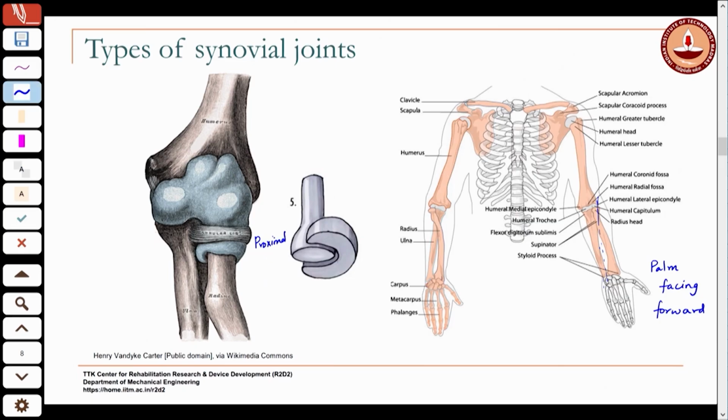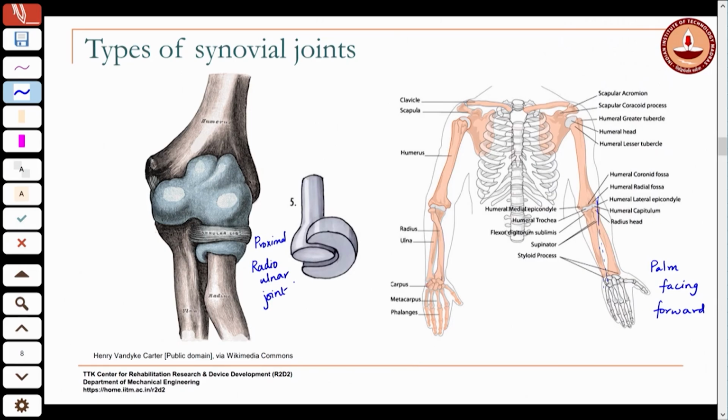That is the proximal radio-ulnar joint between the radius and the ulna, and it has this thick annular ligament about which the radius will pivot to cause this forearm rotation about the axis of the forearm. This motion is called pronation and supination.